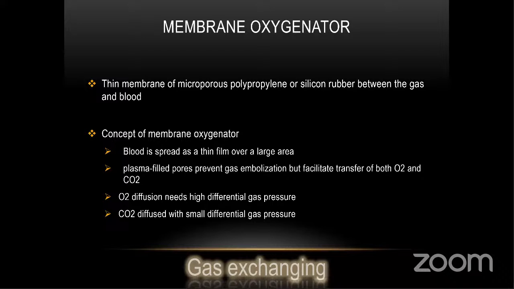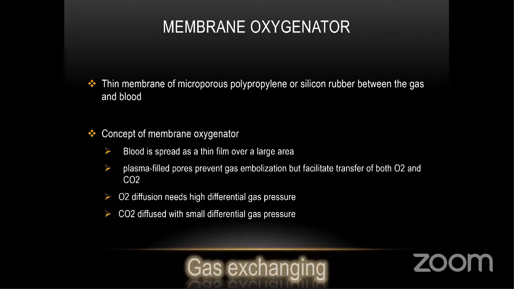Nowadays, almost all cardiopulmonary bypass machines use a membrane oxygenator. It is a thin, microporous polypropylene or silicone rubber membrane between the gas and blood.